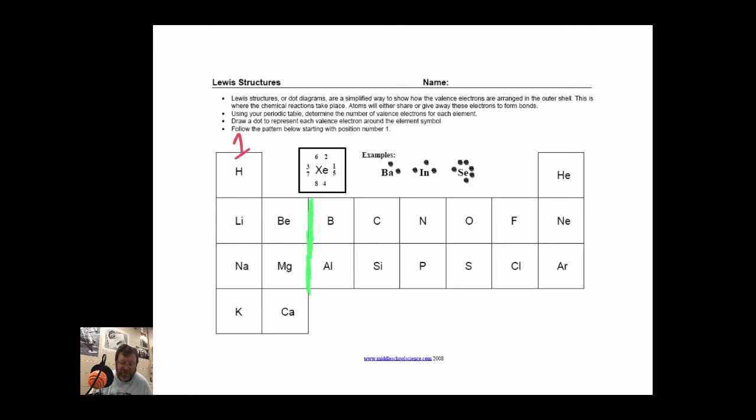So everything in group 1 has 1 valence electron, which is written on the right-hand side. You'll notice right here in this box, the first electron goes on the right-hand side. The second one, if there is one, which there is not for group 1, would go on top. So everything in group 2 has 2 valence electrons, one on the right, and then go counterclockwise, put it on top.